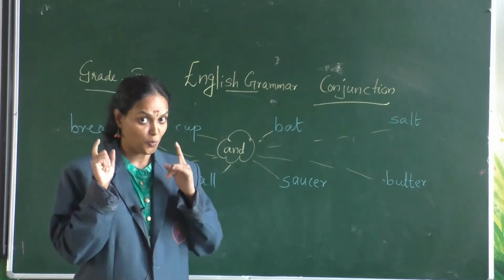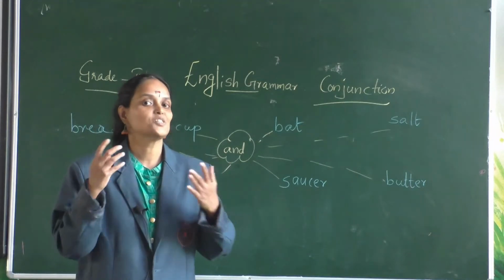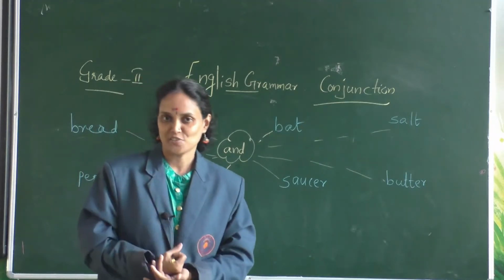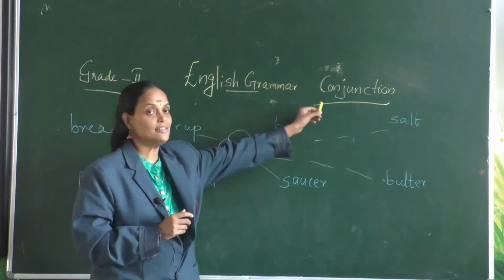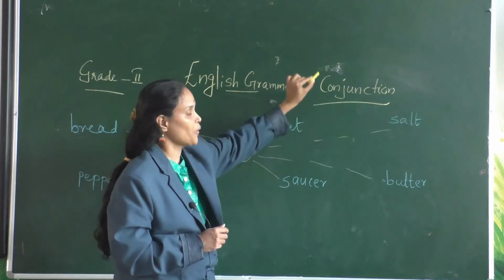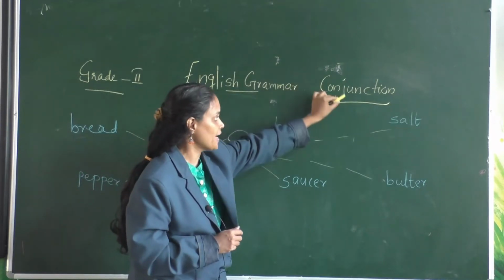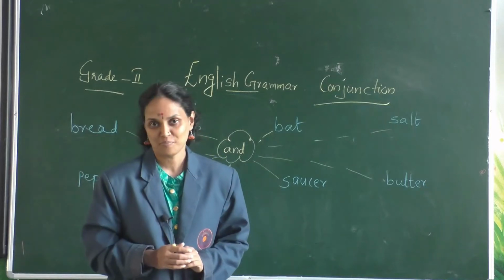Understood? Yes, we are going to discuss more and more examples over here, then it will be easy for you to understand the concept. Before going to the examples, please children, you have to learn the spelling of the word. C-O-N-J-U-N-C-T-I-O-N, conjunction.